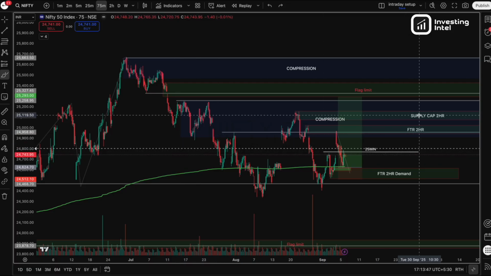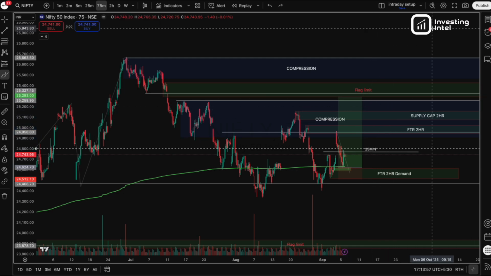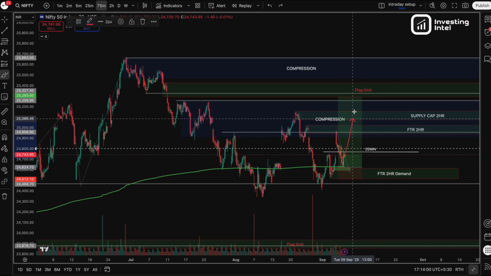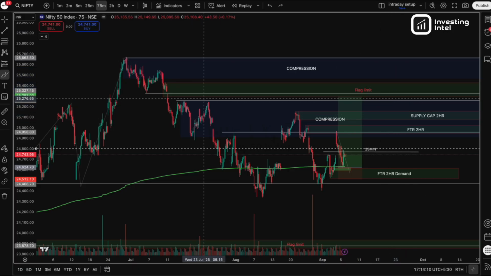Because this supply zone is under a compression zone, I expect price to move sharply from here, then retrace, make a swap here, retrace here, and again break through this compression zone. This is what I'm expecting.